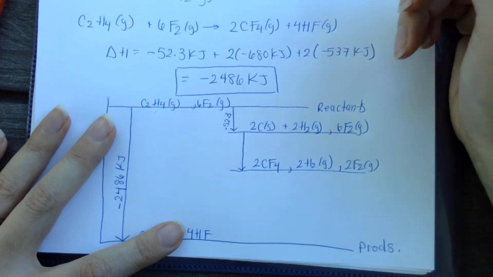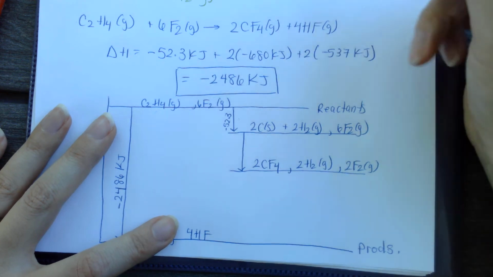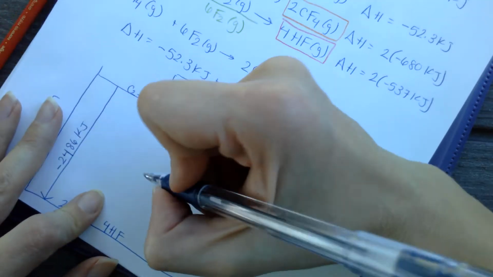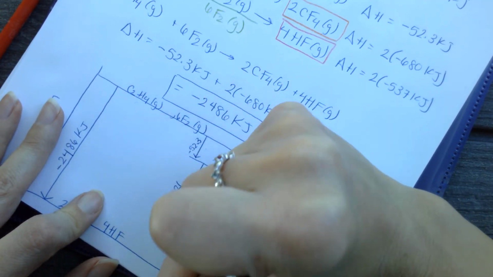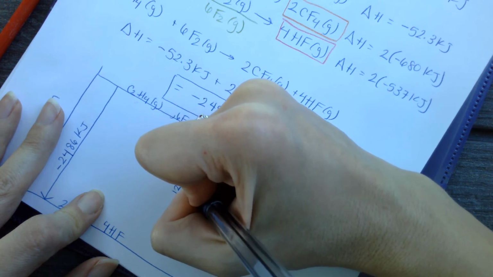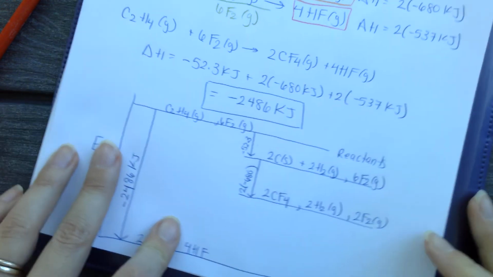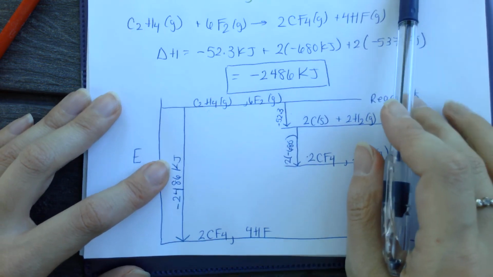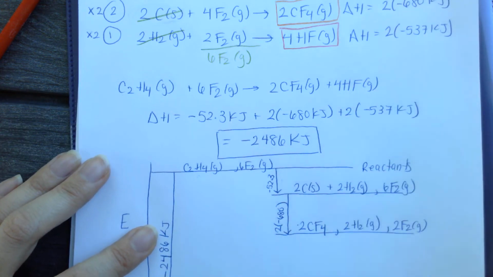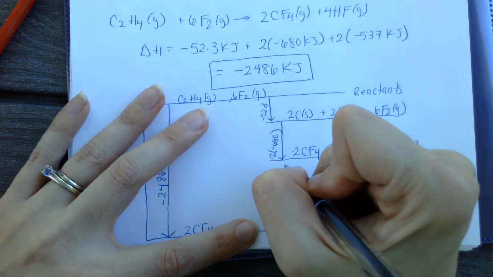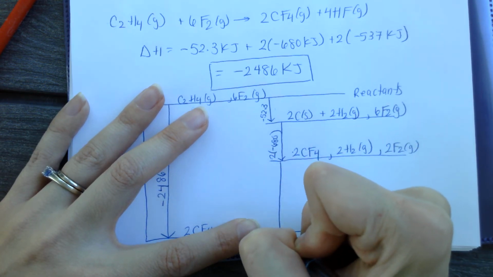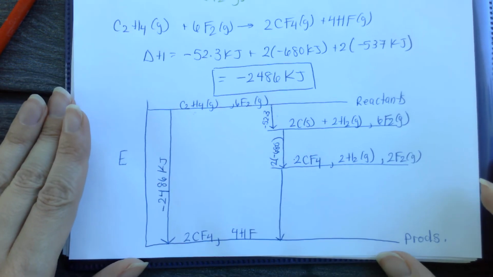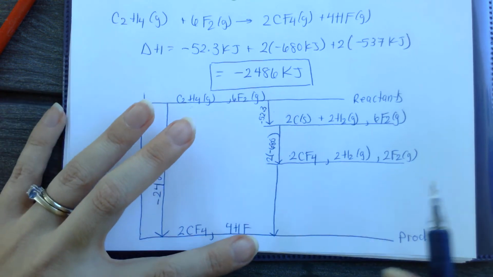So our enthalpy change here was from reaction number 2. That was that 2 times negative 680. Okay, so to make our CF4, that was that 2 times negative 680. And then, probably didn't draw this very well to scale, but then that last drop we have there.